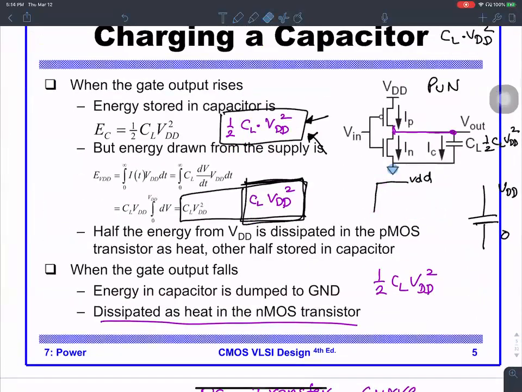Okay, and I mentioned that power or energy is drawn from the power supply only during the charging phase.